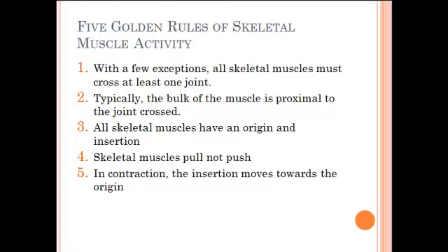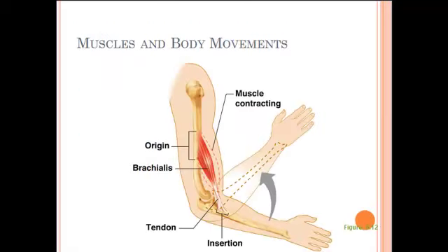So let's look at a picture here and go through these and see exactly what these mean. So our first rule said that the skeletal muscle is going to cross the joint. In this case, here is our joint, our elbow joint here, and here's our muscle. Notice that on this side it's attached.